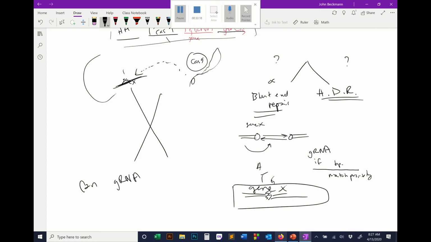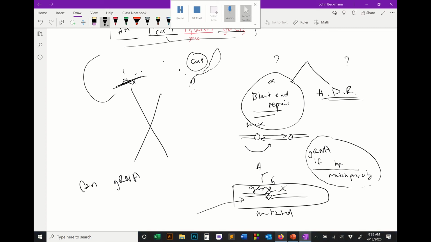What I just told you is that if the cell chooses blunt end repair, there's a statistical chance that gene X comes out mutated, broken in such a way that the guide RNA no longer recognizes gene X. Because if the site that it's targeted to has been mutated, the guide RNA can no longer find gene X.